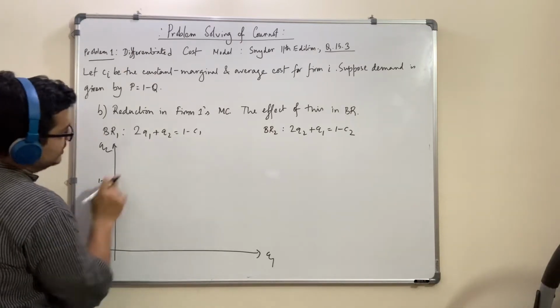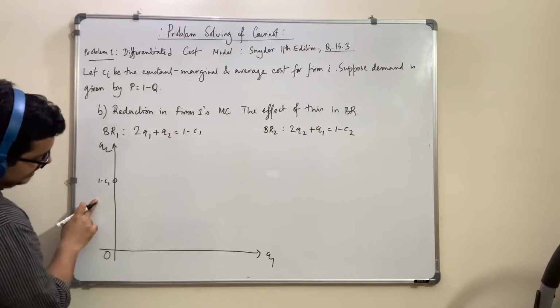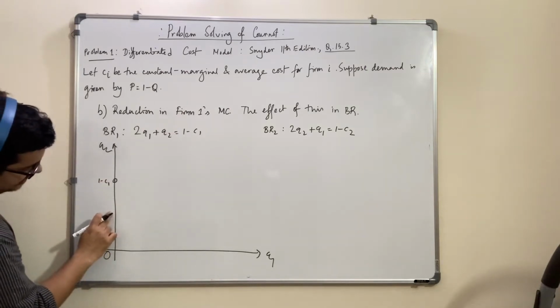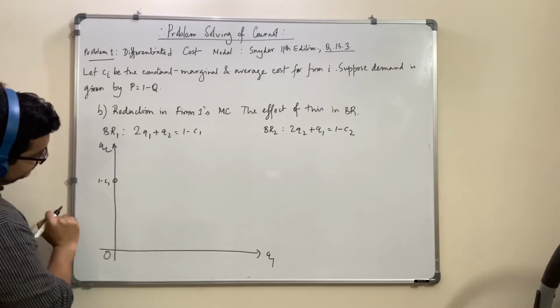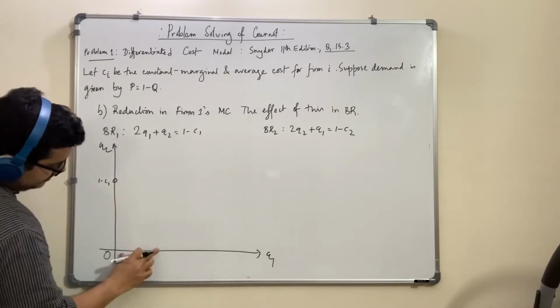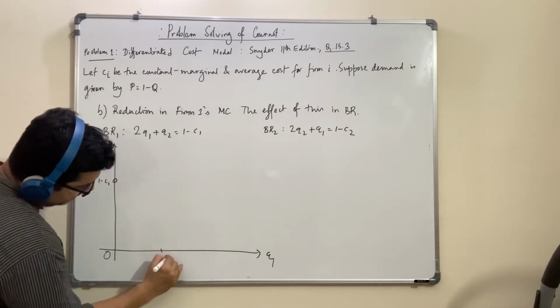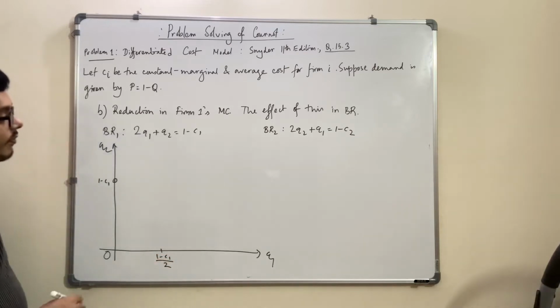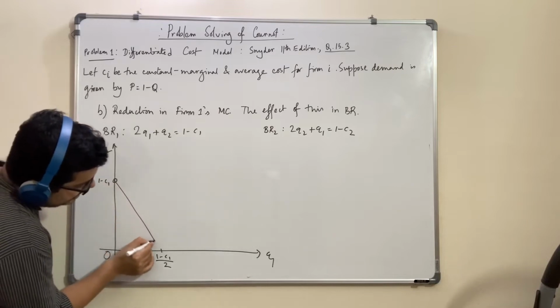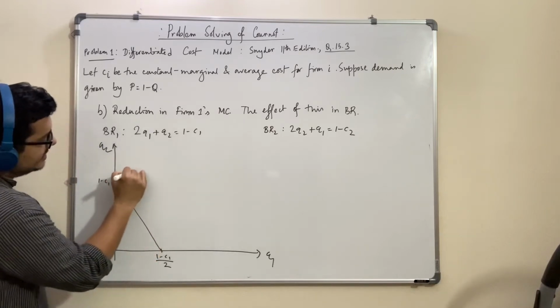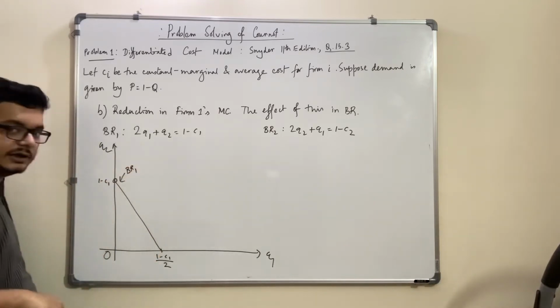Okay, so we are mapping the first one, and then if this is 1 minus c1, so this is half. So let's say here is our 1 minus c1 by 2. Okay, so this here is our best response 1.